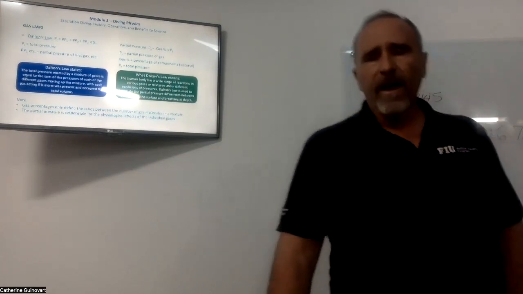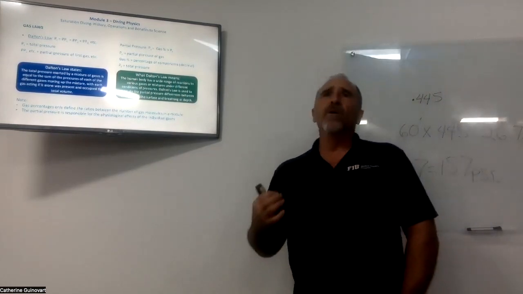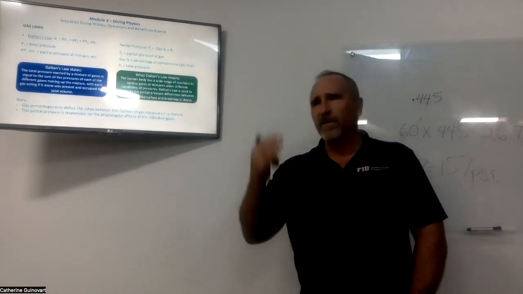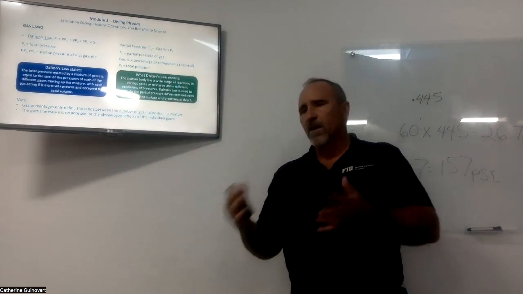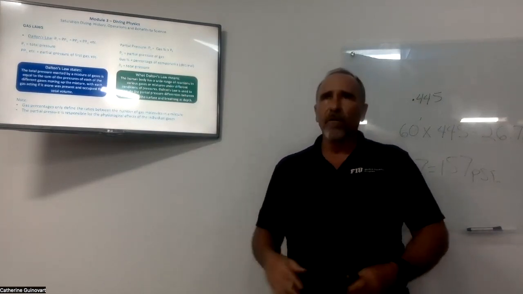You guys are aware of that. But that number, you see it all the time, and sometimes you don't even think about it. You're just doing your thing, analyzing your gas, and yeah, 1.4, 1.4.